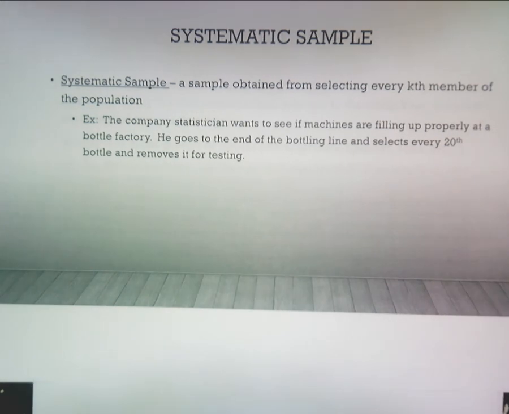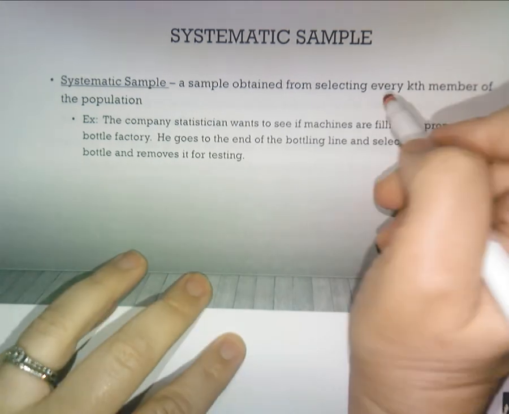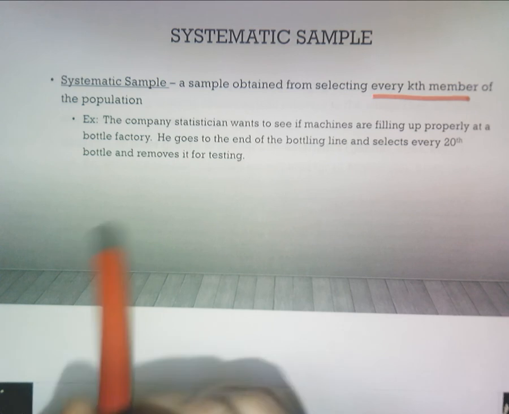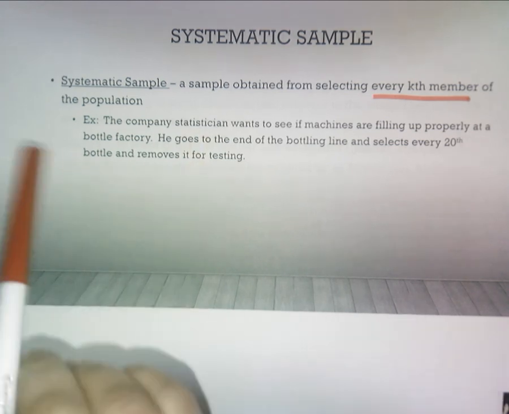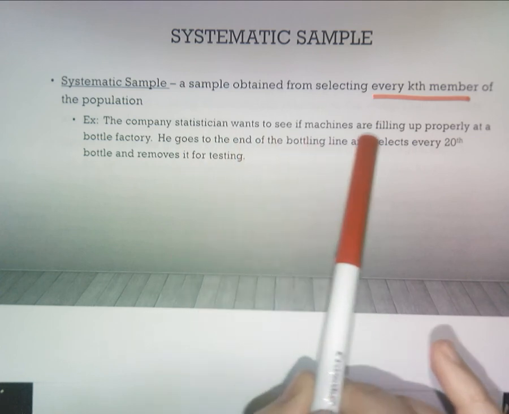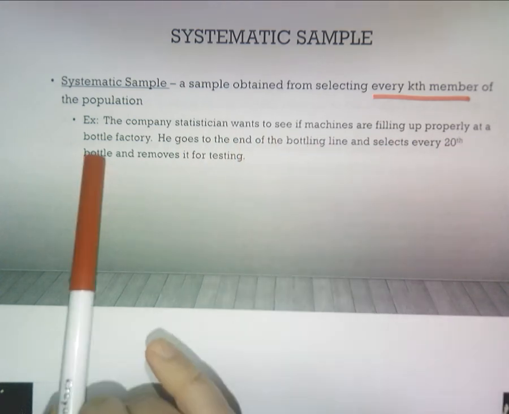Systematic is a sample obtained by selecting every nth member of the population. And they will specifically say that in the example. Here's an example. You don't have to write this whole thing down, but this is what they'll say. The company's statistician wants to see if machines are filling up properly at the bottle factory.